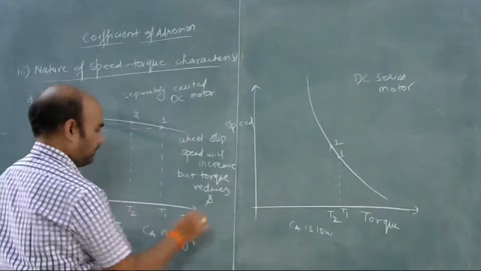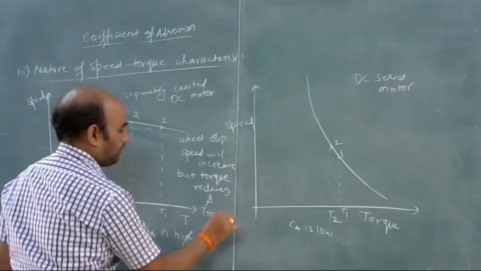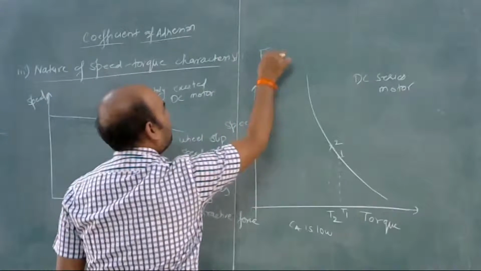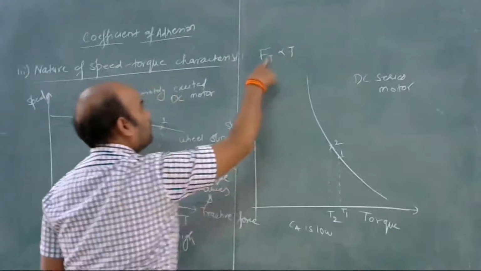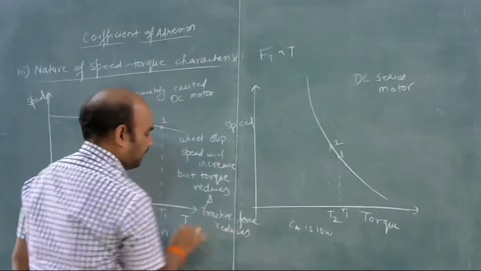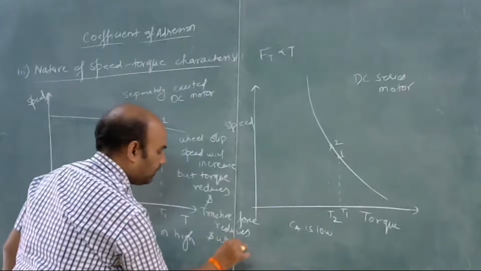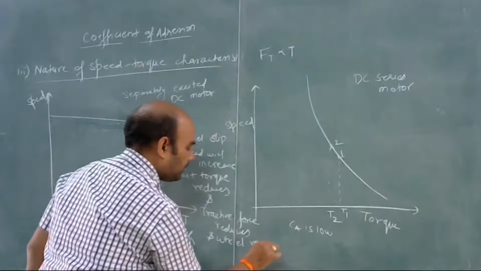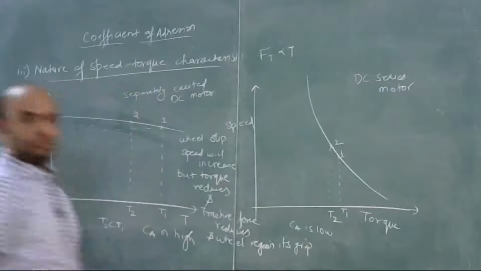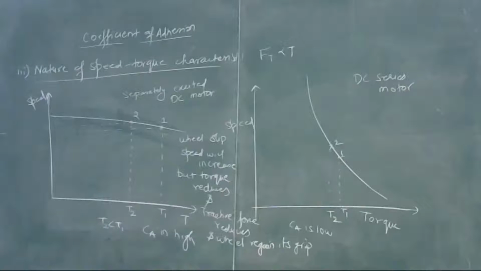And the tractive force, because Ft is proportional to T. So T reduces, so Ft will also reduce, and the wheel will regain its grip. Okay, so therefore CA will be high. So there will be no slipping, and in this way the slipping can be avoided or prevented.